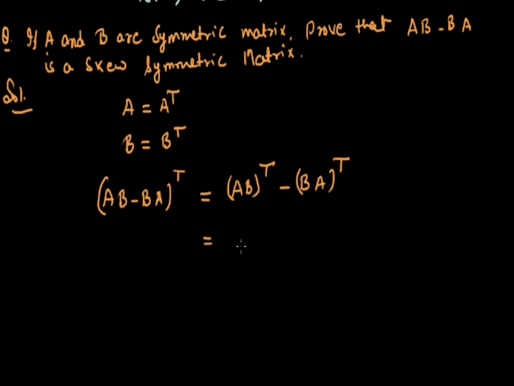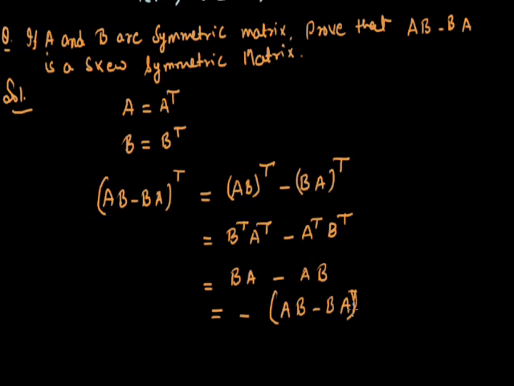Now what is (AB) transpose? (AB) transpose is equal to B transpose A transpose, and (BA) transpose is equal to A transpose B transpose. Now it is given that B transpose is equal to B and A transpose equal to A. Taking minus common, it will be equal to minus of AB minus BA.